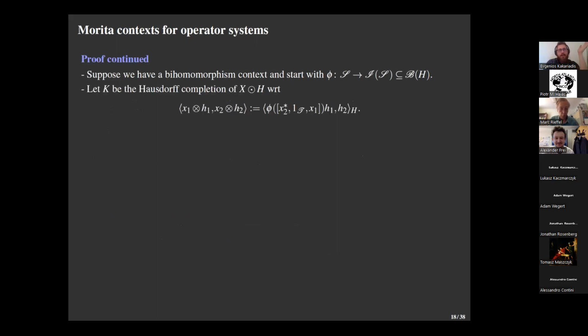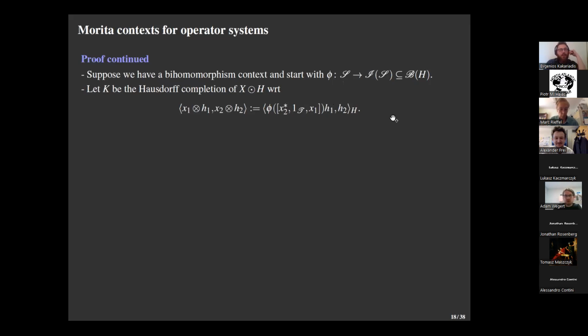What you do next is you take the Hausdorff completion of X tensor H, the algebraic tensor product, endowed with a sesquilinear form where, for X1, H1, X2, H2, it is what it has to be. The only thing you can do is take X2 star and X1, that is in AS and therefore in S, and phi applied on that can be applied on H1 and H2.